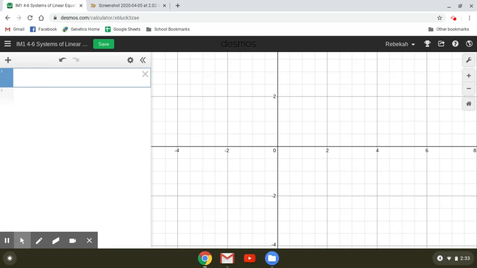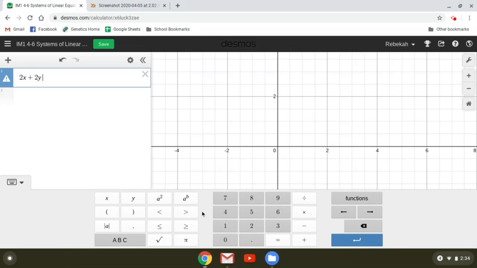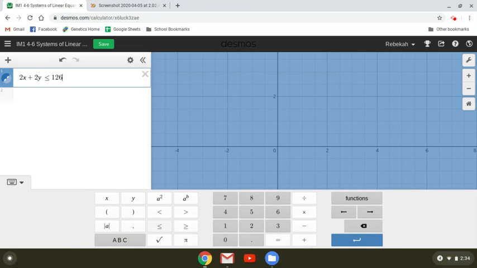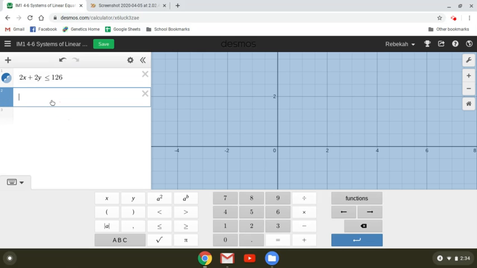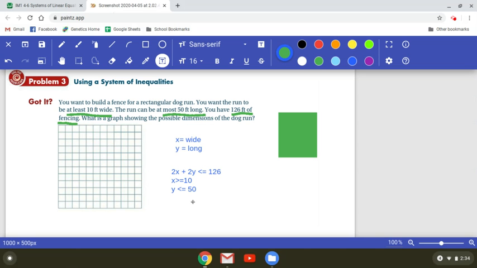All right, so we said 2x plus 2y is less than or equal to 126. We said that x is greater than or equal to, let's go back and check really fast, 10.